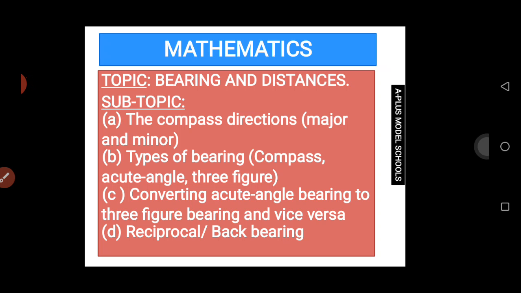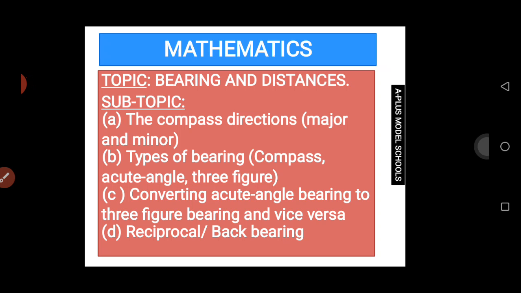Today we shall be moving to bearing and distance. Under it, we shall be looking at the compass bearing or the compass direction, which are major and minor directions. And we shall also be looking at types of bearing, which is compass bearing, acute angle bearing, and three-figure bearing.